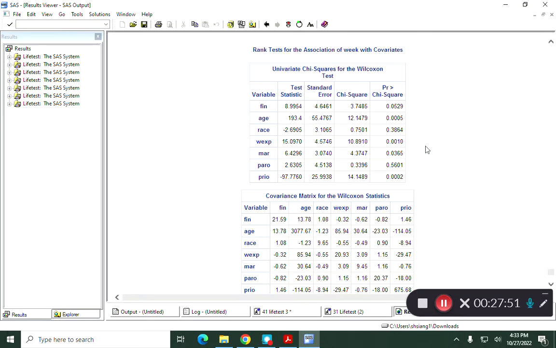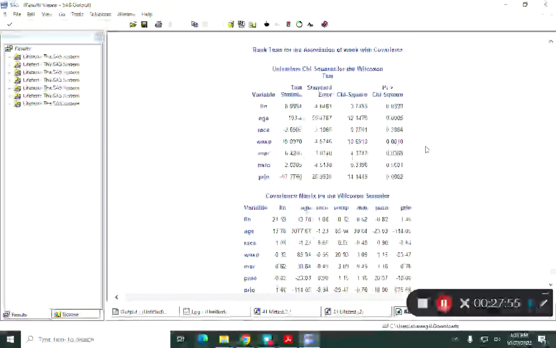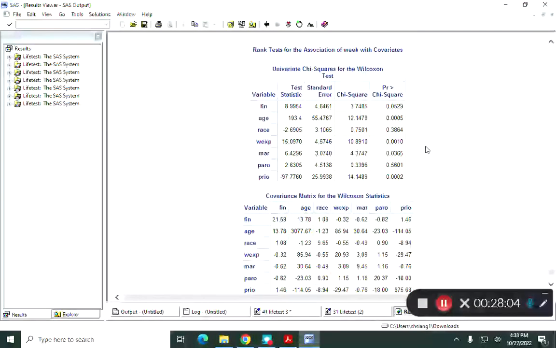Do you guys think that makes sense? If someone got previous work experience, they are more likely to get a job after they are on parole, and they probably have a better social network to get jobs and work experience. Okay, and marriage status, significant or not significant?